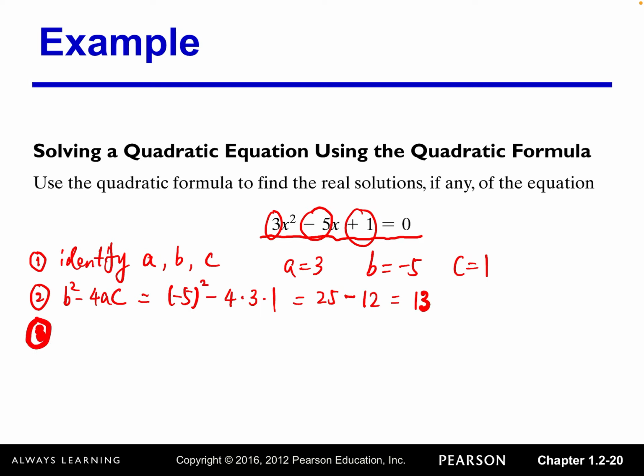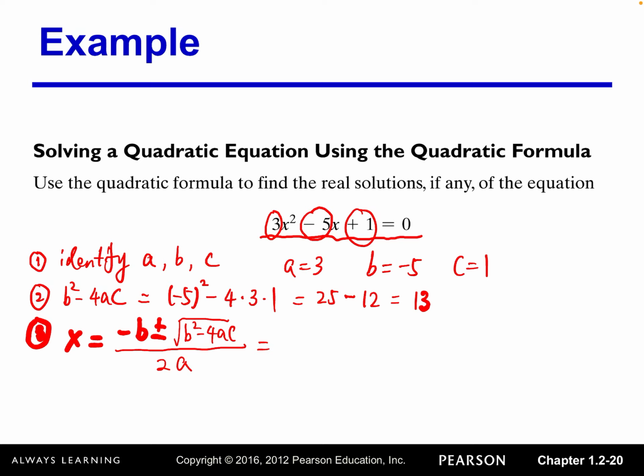X equals negative b plus or minus the square root of b squared minus 4ac, divided by 2 times a. And then we just plug in those numbers.